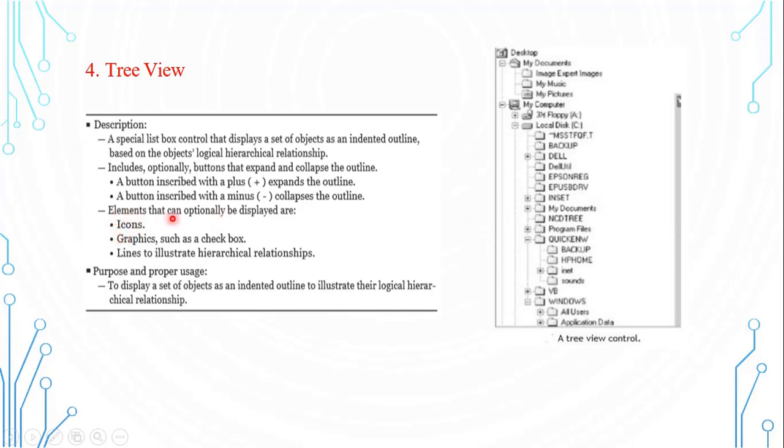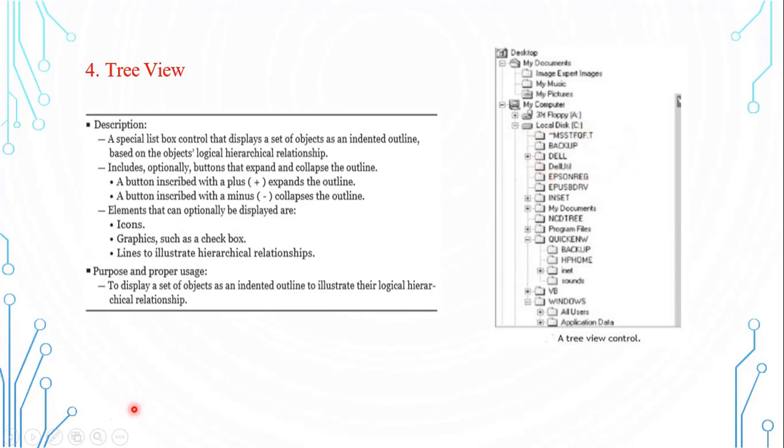Next, elements that can optionally be displayed are icons, graphics such as check boxes, and lines to illustrate the hierarchical relationships. So the tree view can also be seen with icons, and sometimes graphics are also represented, and you may have check boxes.